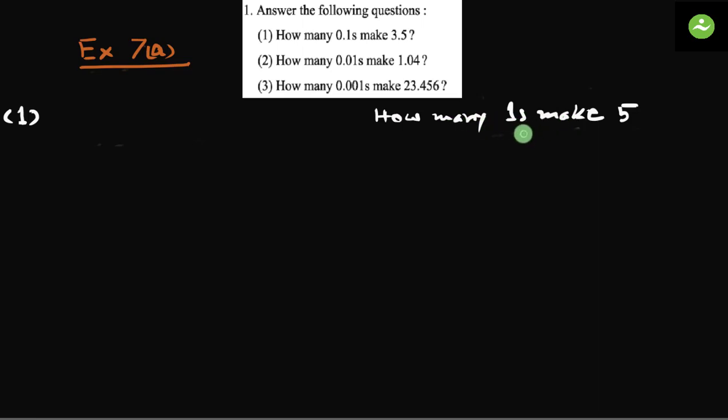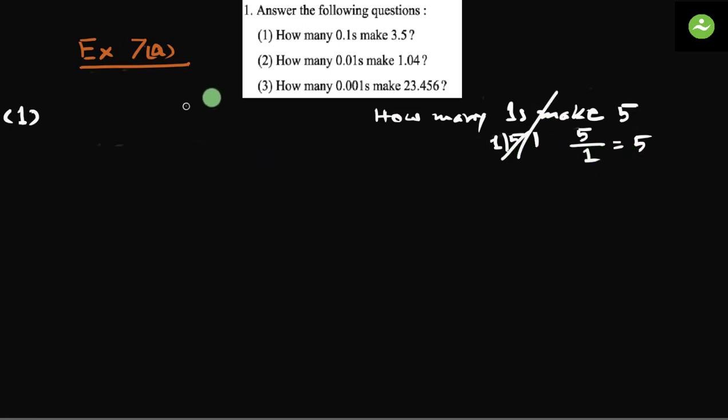We understand 5 ones make 5, but how do we find that out? We divide 5 by 1. Divide 5 by 1, and we find the answer.